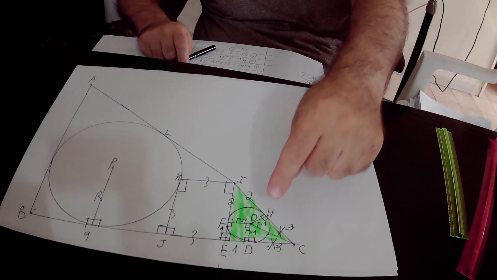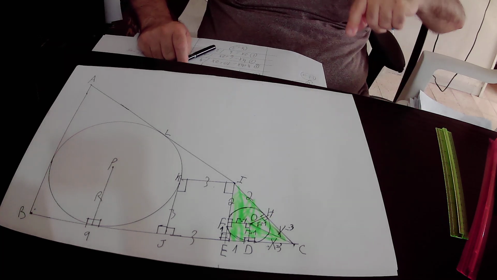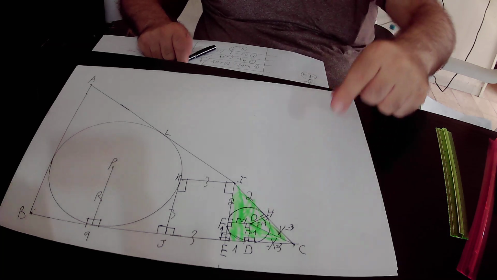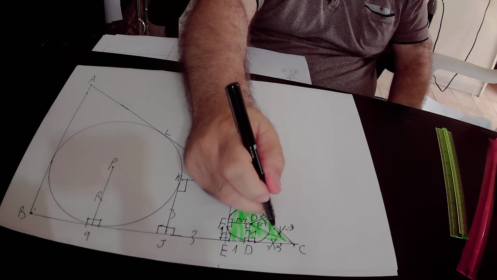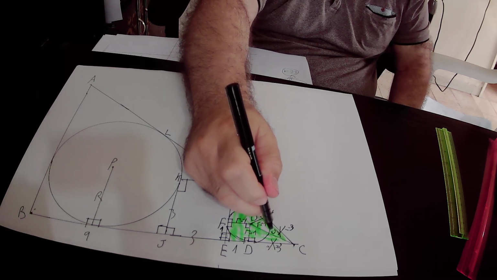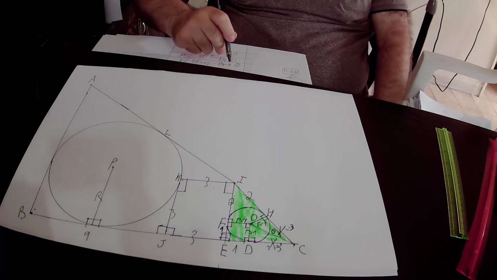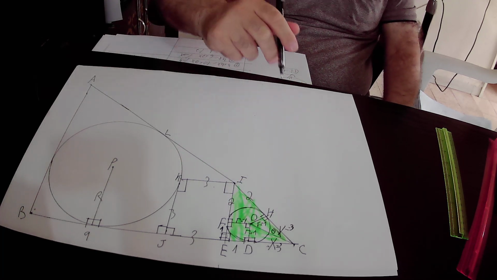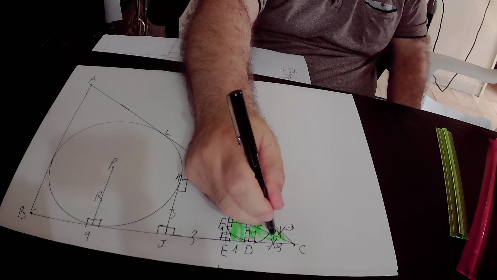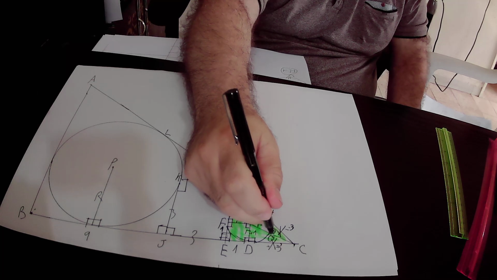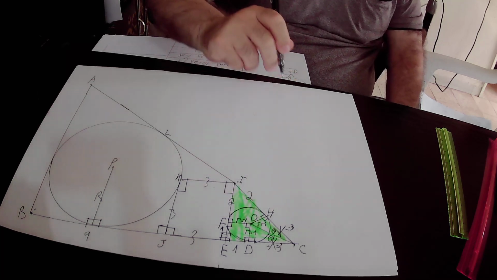Those two triangles are congruent, therefore the two corresponding angles must also be equal to each other. So if we define this angle as theta, then this angle must also be equal to theta. Why? Because they are equal to each other. Okay.